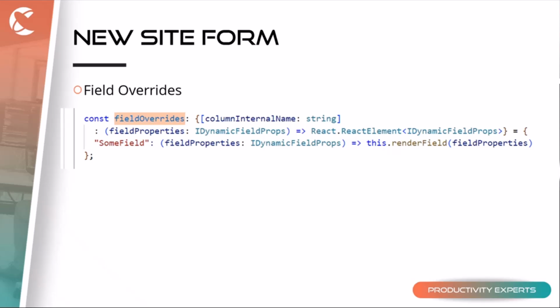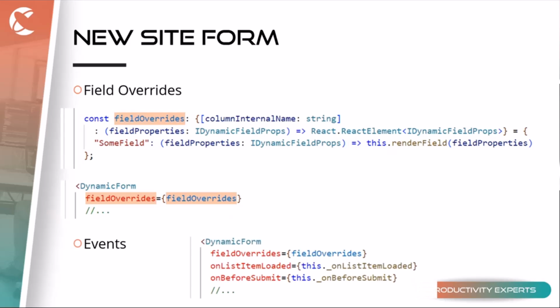You can generate entire React XML or React nodes and do all kinds of things that you can think of. So the field overrides are really powerful. You can just include it like this. The second thing you need is a couple of events, and those are also available. There's a list item loaded event and a before submit event. Using these events, you can make sure that the data coming from the list form is shaped to fit in your rendered field, and you can use the state for that.